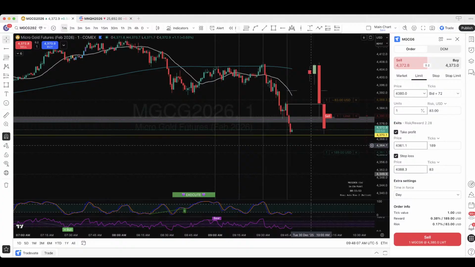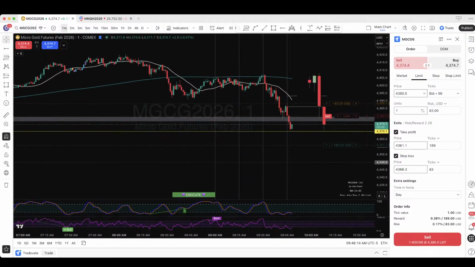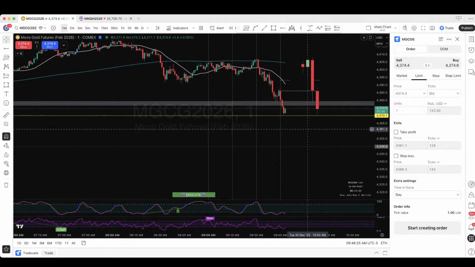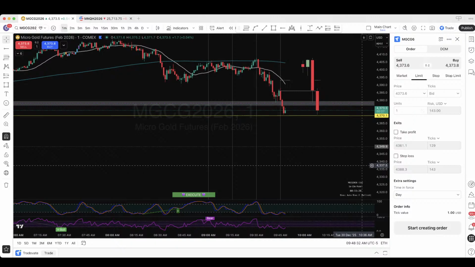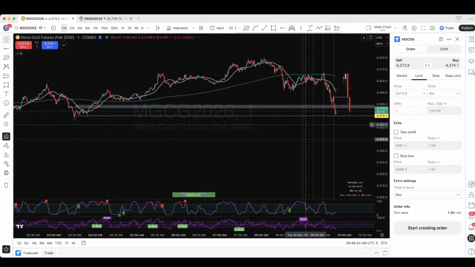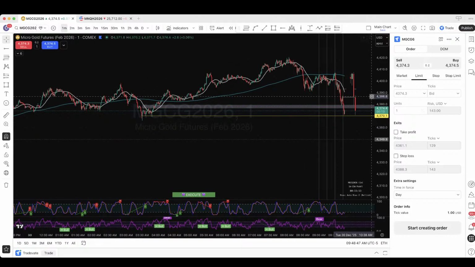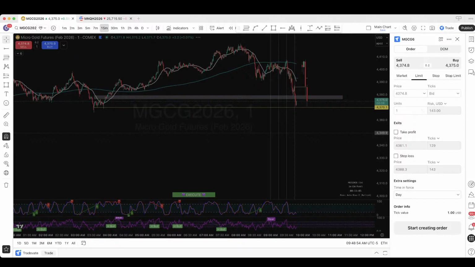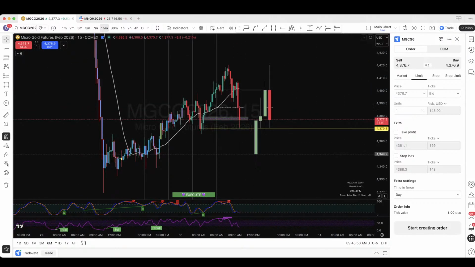I don't have my other computer on, so I only have this one screen I'm looking at right now. See, with gold, I don't know what is a big move.